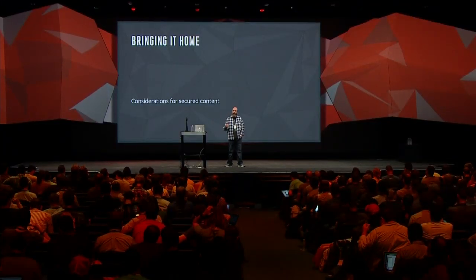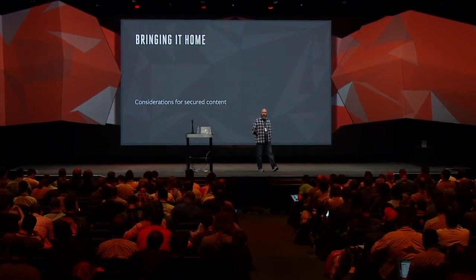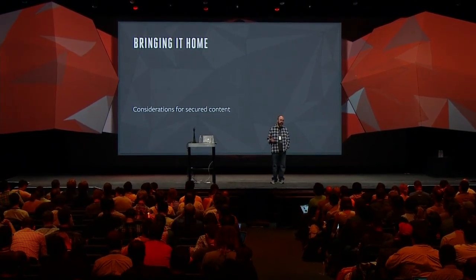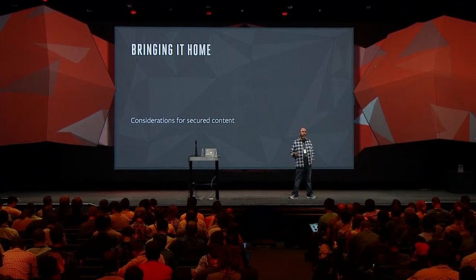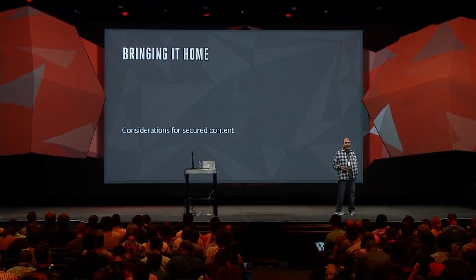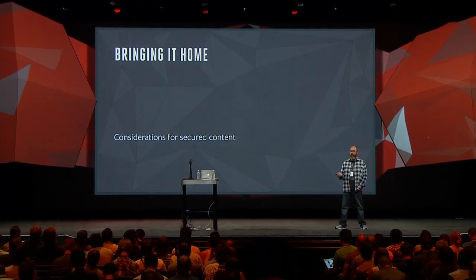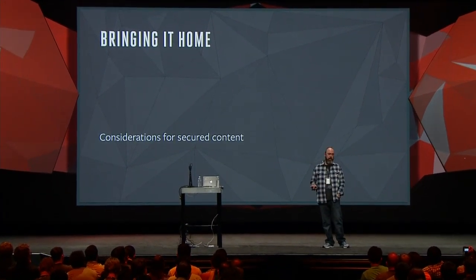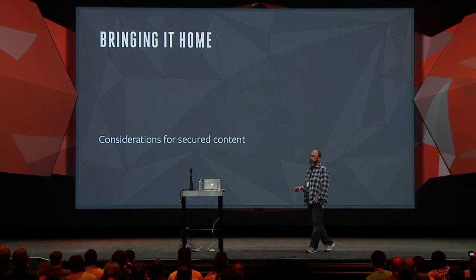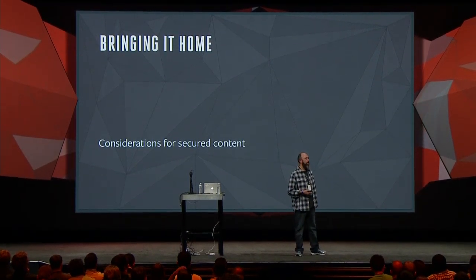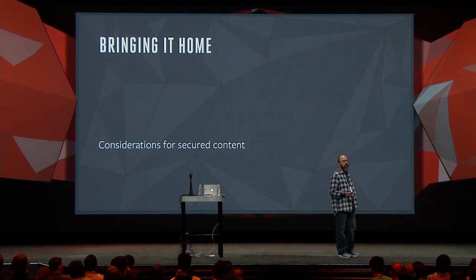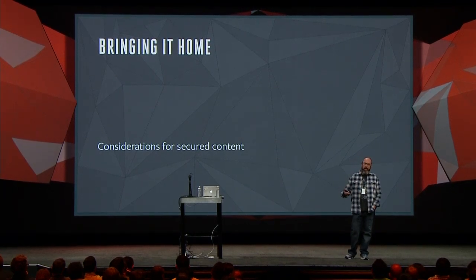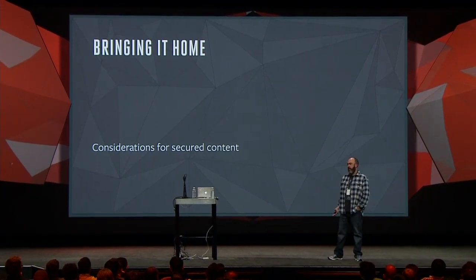All right, so we talked about discovery, we talked about navigation, and we talked about publication. I have a few more topics to go through, which are just, I guess, to round it out, depending on what kind of app you're building. If your application has secured content, for example, if a token is required to view a page, there are a couple of things to consider. One is, have your AppLink metadata just be very general across your entire site, and use the target URL to differentiate the content.